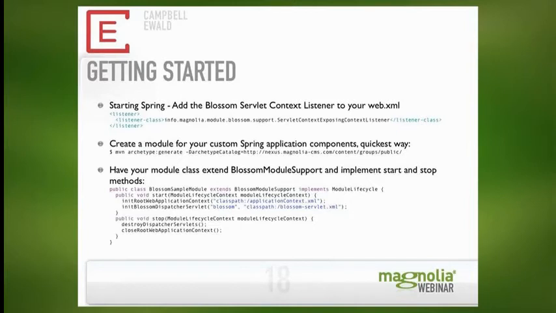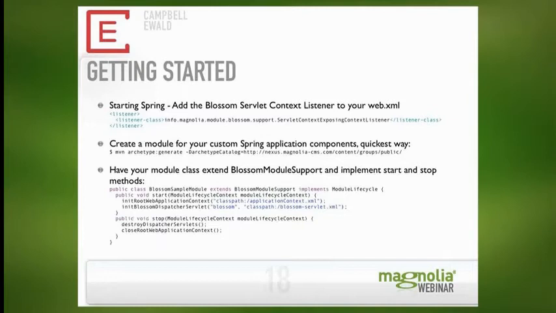Each module in Magnolia has a module class, which implements the start and stop methods of the module lifecycle. So in the case of Blossom, we start and stop Spring. So you'll see here we've called to our web application context, which we have on classpath as applicationContext.xml, and we initialize the Blossom dispatcher servlet, which is another Spring bean.